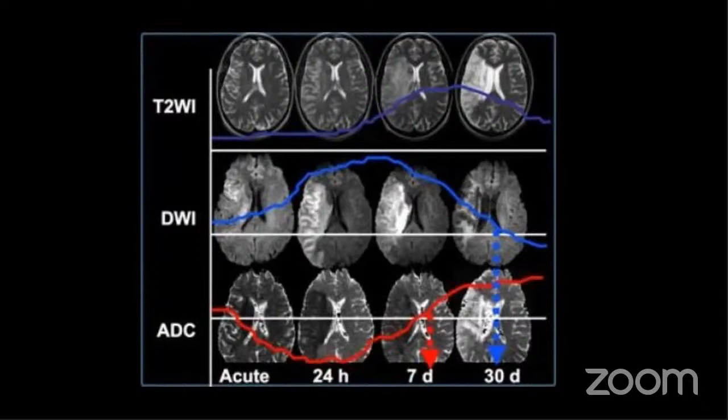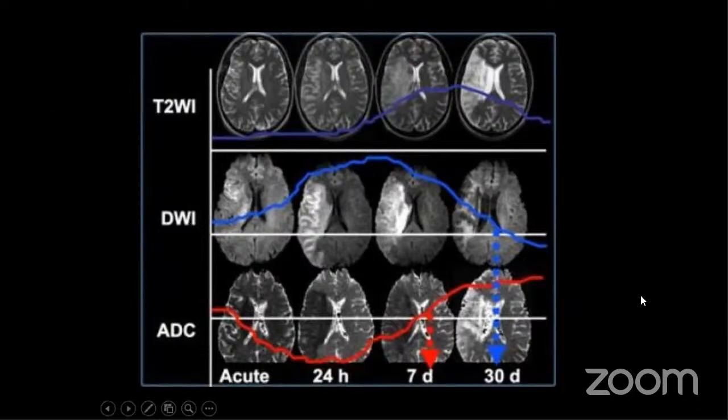Hyperacute has early and late hyperacute stroke: within 2 hours, and 2 to 6 hours almost. Then acute is up to 12 to 24 hours, then up to 2 weeks, and more than 2 weeks.